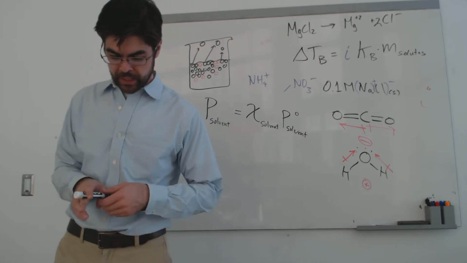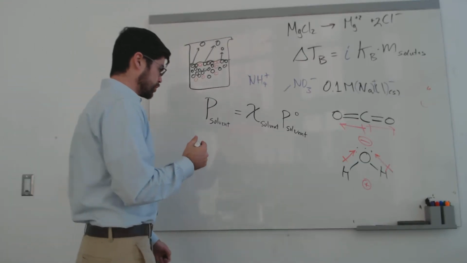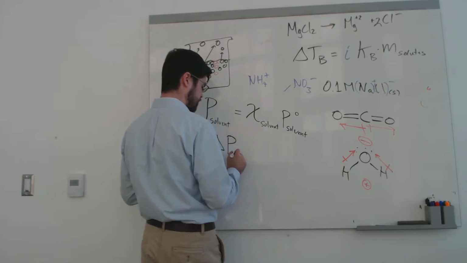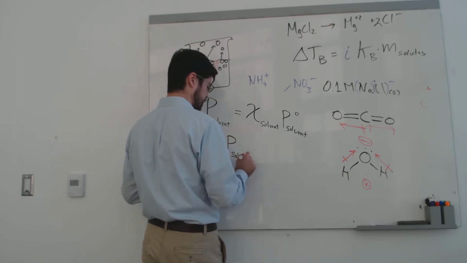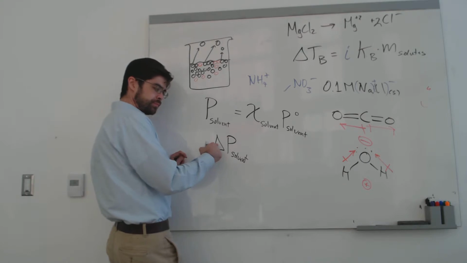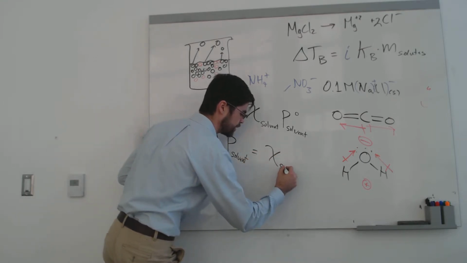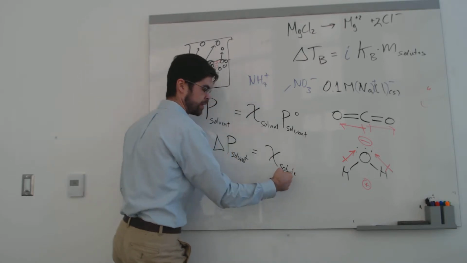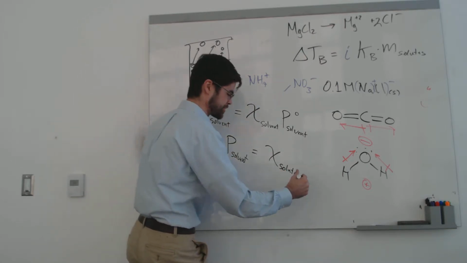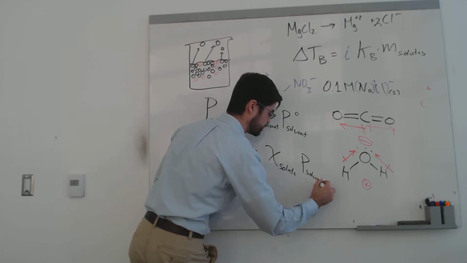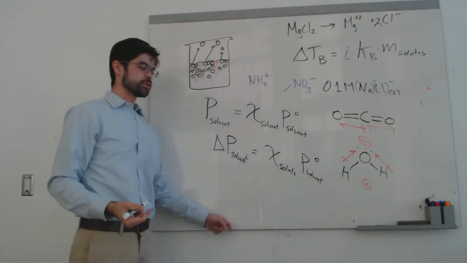What I would say is vapor pressure lowering, the fact that the vapor pressure of a solvent changes, and the amount that it changes by is dependent upon the concentration of solutes, and that is actually the solute this time, times the vapor pressure of the pure solvent.